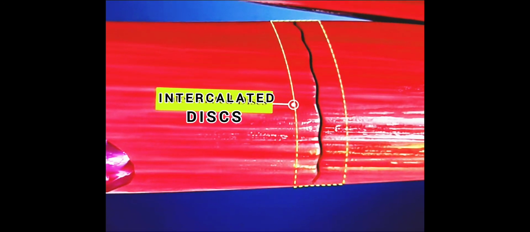Due to this, the cardiac contraction happens uniformly, allowing ions to move from one cell to the next. Innervated by the autonomic nervous system, these conduction of impulses are involuntary.